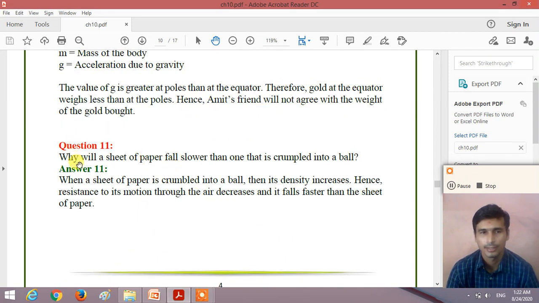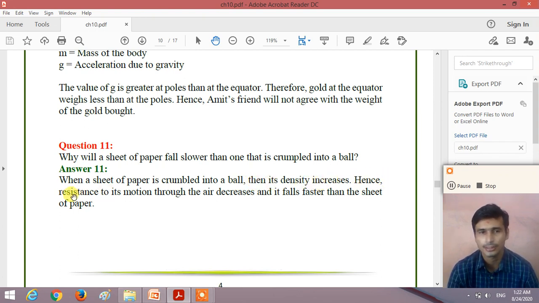Question number 11. Why will a sheet of paper fall slower than one that is crumpled into a ball? Now, when a sheet of paper is crumpled into a ball, its density increases.